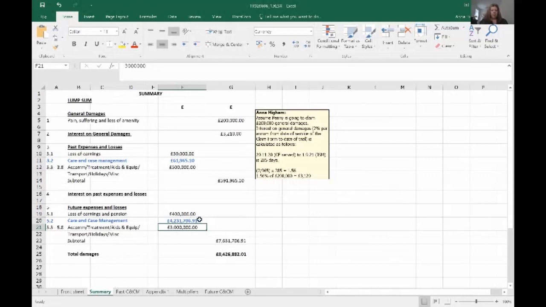If I hover over the future care and case management, you will see in this box up here that it has been linked to the future care and case management tab. This is the multipliers page.